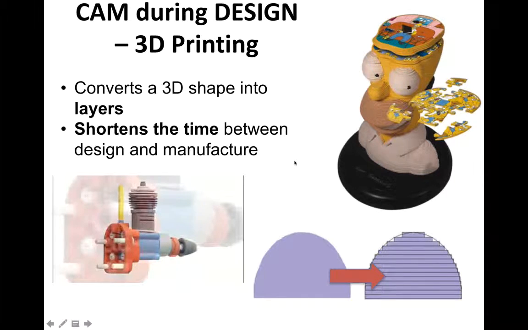The one that we've got in the department squirts out plastic and builds it up layer by layer. But 3D printing is literally all about converting the shape into layers and then building those layers up. And again, this technology has really shortened the time between design and manufacture. Gone are the days where you might start designing and maybe a year away you'd actually get to manufacturing. Now you can go from a design to manufacture in just a matter of months.